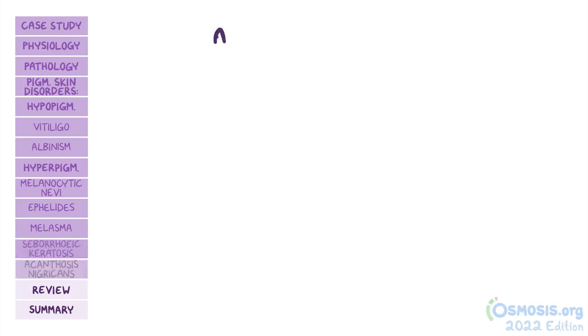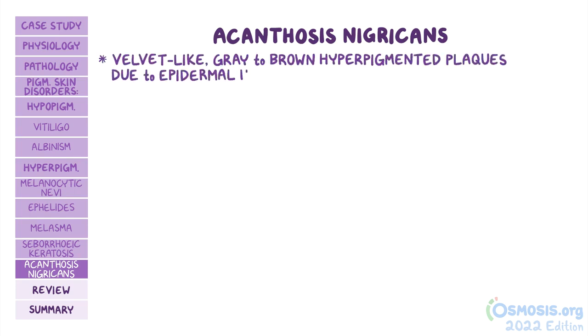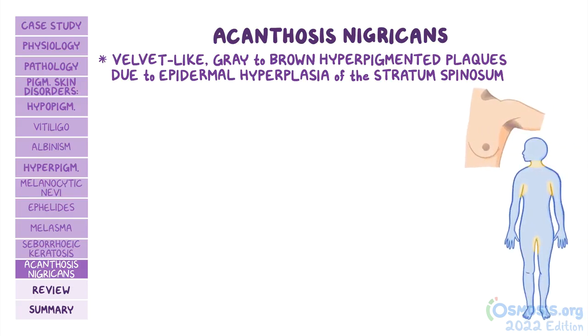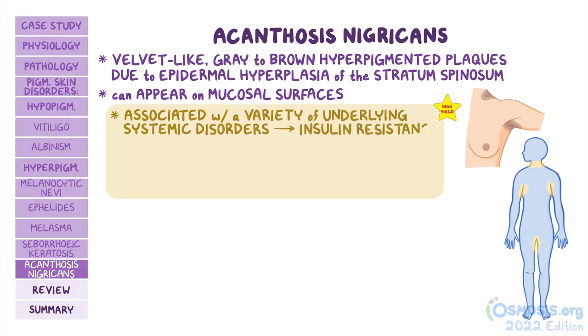Last but not least, acanthosis nigricans is characterized by velvet-like, gray to brown hyperpigmented plaques due to epidermal hyperplasia of the stratum spinosum. Typically, acanthosis nigricans appears on the skin of intertriginous sites such as the neck, groin, and axillae. Less frequently, though, it can appear in other skin sites or on mucosal surfaces. What's super high yield is that acanthosis nigricans is often associated with a variety of underlying systemic disorders where there's insulin resistance.